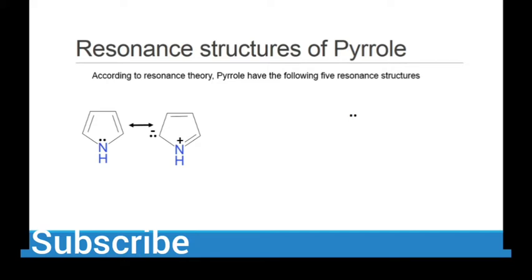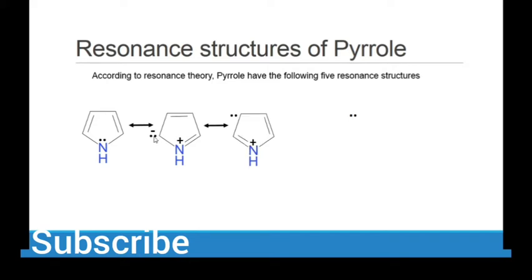So if we start the movement of electrons from here to carbon number 1 here, then we have this structure. Because electrons are moving, this bond will shift to here, and then this bond shifts to this position, and then we have this structure.